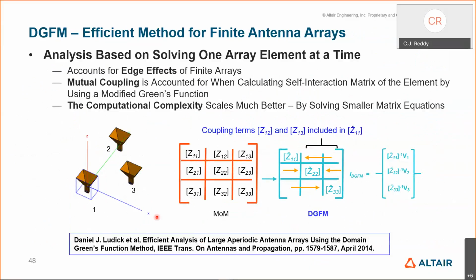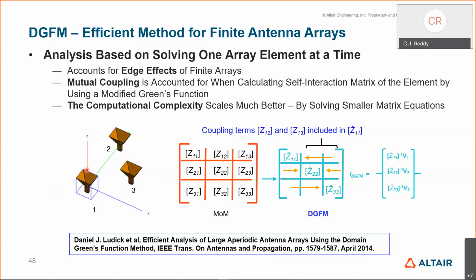Then, if you don't want to use the PBC, one step after that would be finite array analysis. And there's a technique called the domain Green's function method. This is published in IEEE Transactions on AP in 2014, and this is implemented in our software, where if you have identical elements like the ones we're showing here, we can actually compute one element at a time because they're all identical.